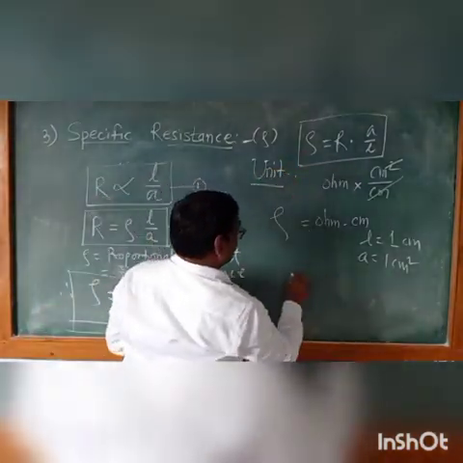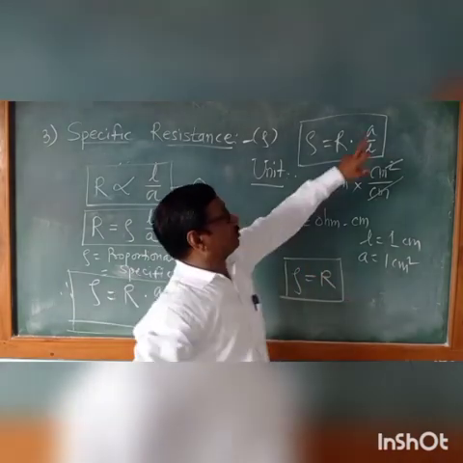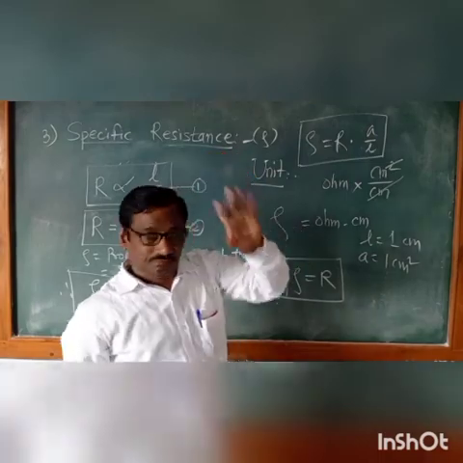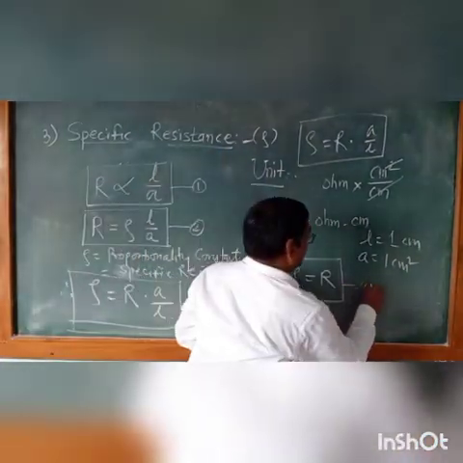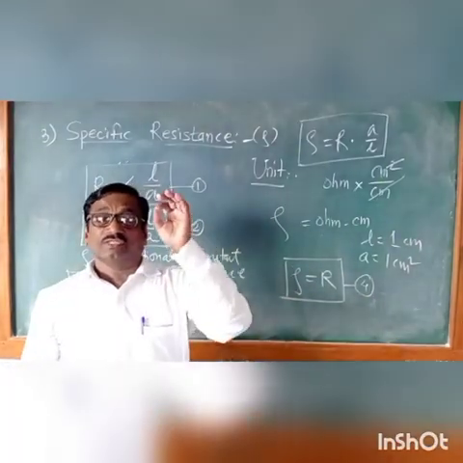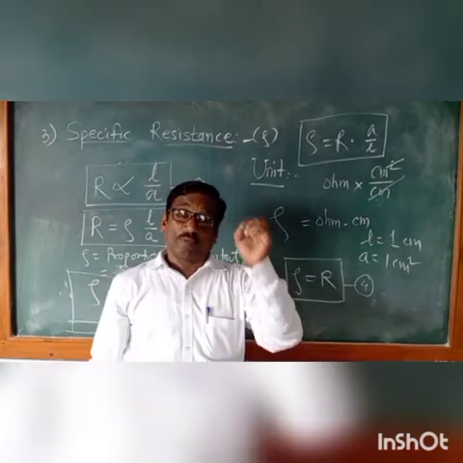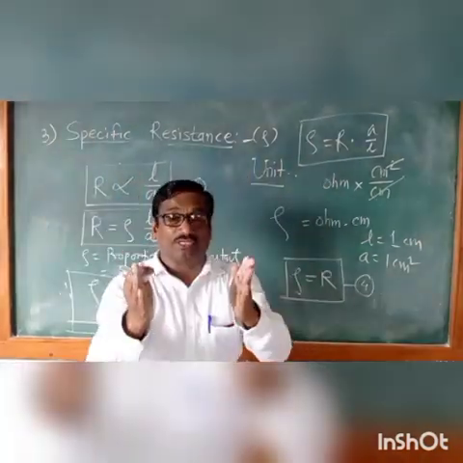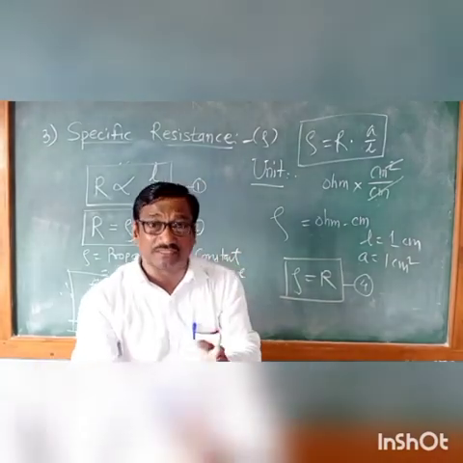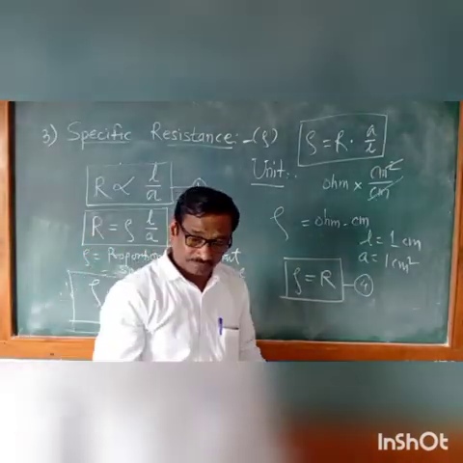Equation 3 will be rho is equal to R, because 1 divided by 1 is equal to 1. So rho is equal to R is equation 4. Specific resistance is the resistance of a uniform conductor when the electrodes are 1 centimeter apart and the cross-sectional area of the conductor is 1 centimeter square.